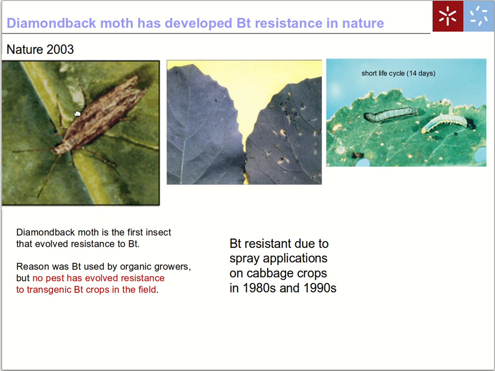One reason why this particular insect could have acquired resistance is that it has a very short life cycle, 14 days. So this means that beneficial mutations can arise and establish quickly in the population.